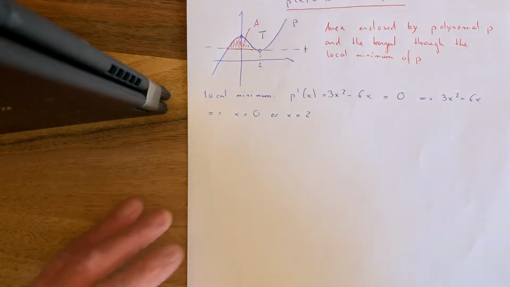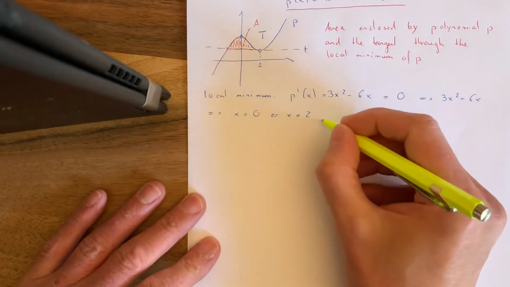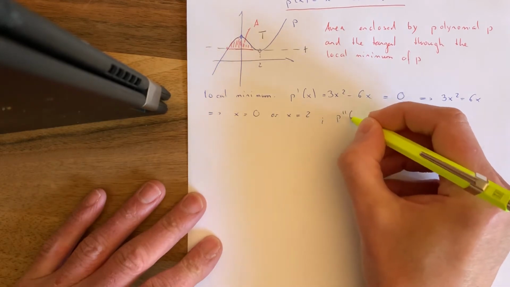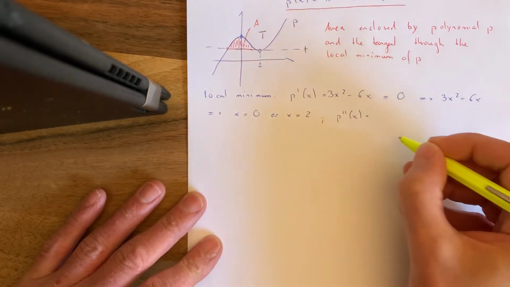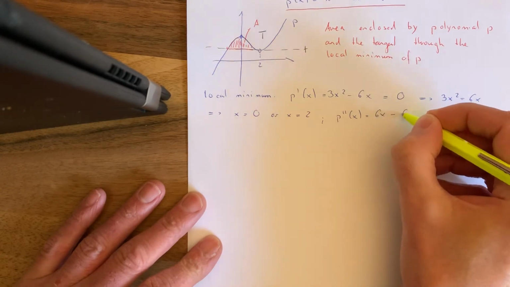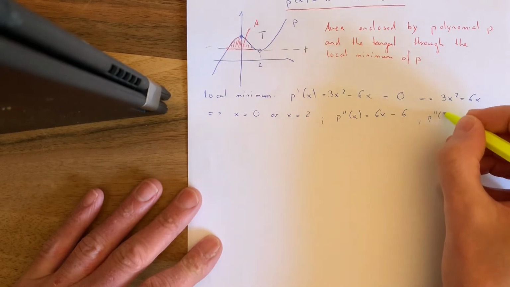However, nonetheless, let us quickly check whether x equals 2 is in fact a local minimum. So let's take the second derivative. P double prime of x is 6 times x minus 6. And let's plug 2 into that second derivative.